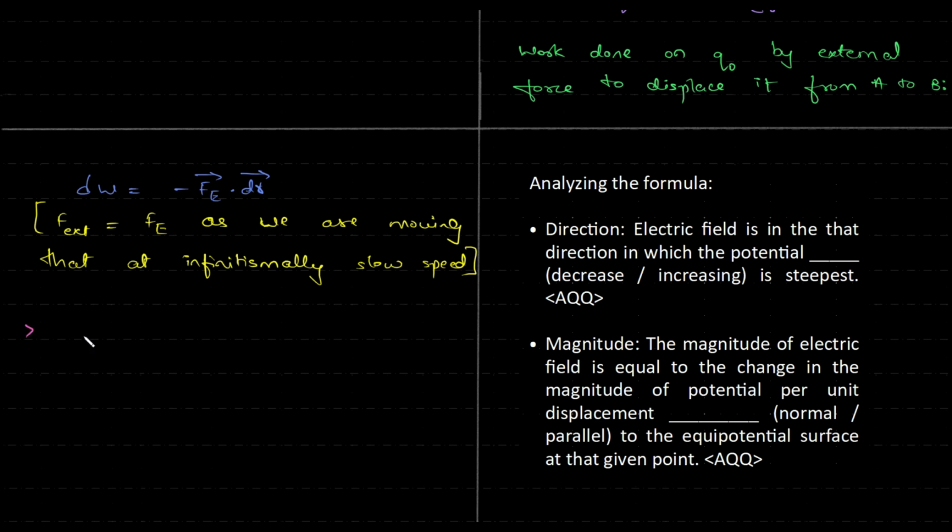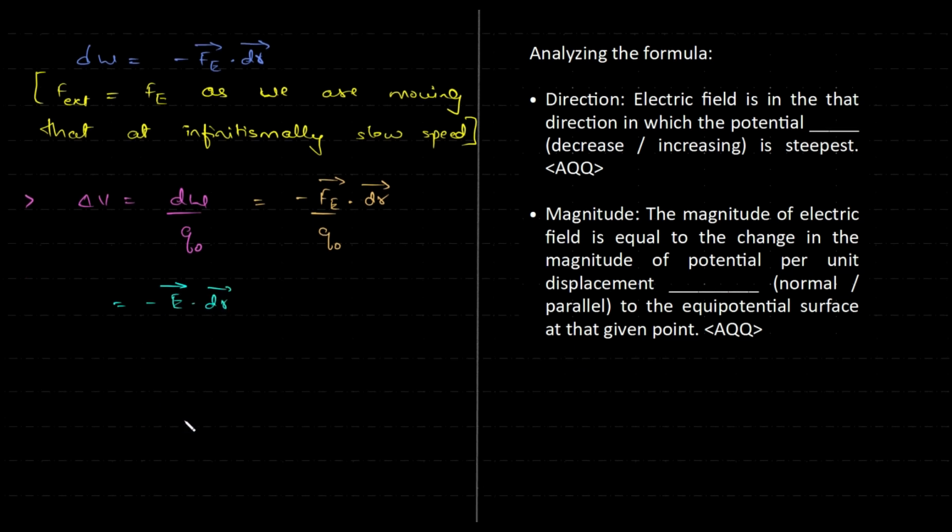Now, we know that potential difference is nothing but the work done on unit charge. And therefore, what do we have? We have the following. And this is nothing but what? That's your electrical field. Okay.